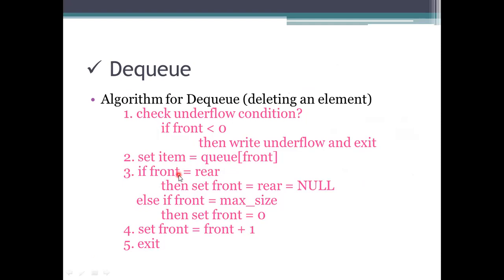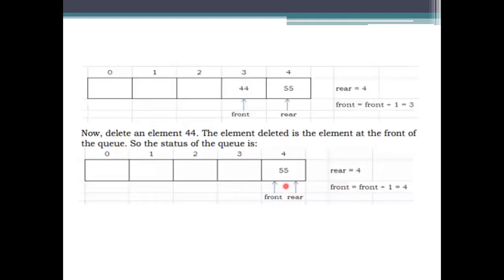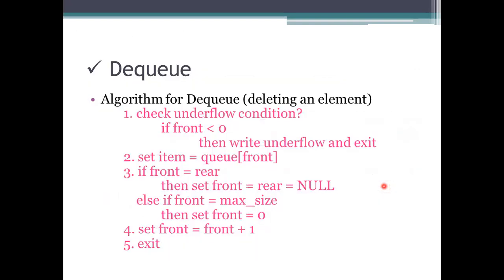Next, if the front is equals to rear, what you have to do is stop there itself. See here, when you reach the last element, the front and the rear values become equal. So then you need to stop the deletion here. Why? If you delete this variable, the queue you are using will become empty.